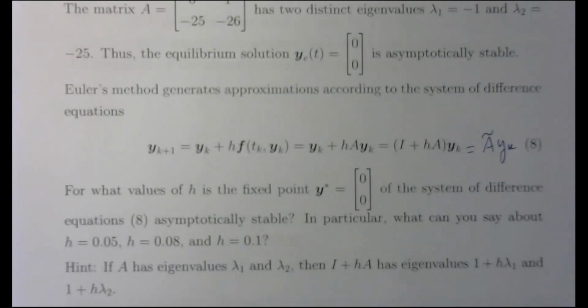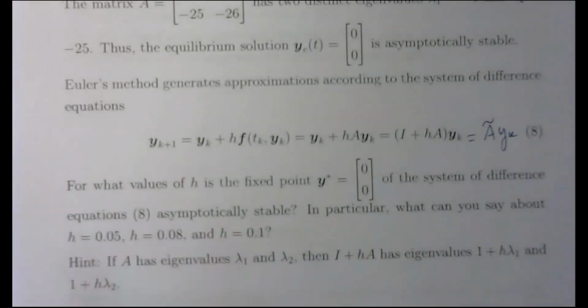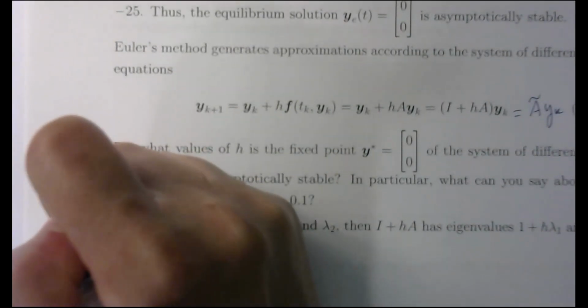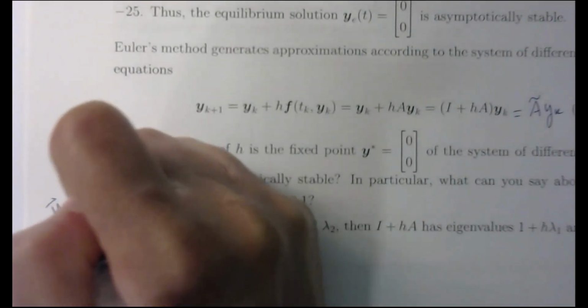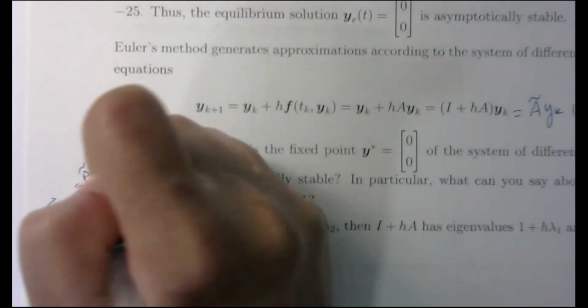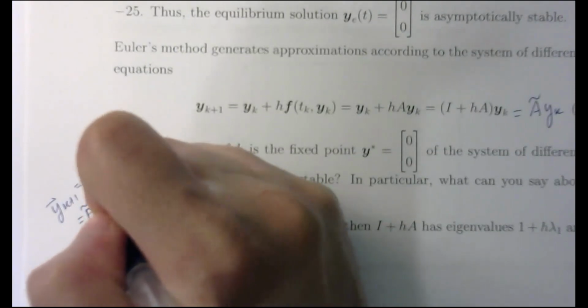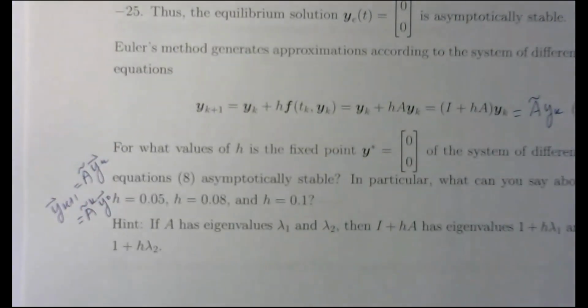How do I know that? Well, if I have a discrete time system, remember, whenever I want to move forward in time, it's like multiplying on the left by another A, right? So I had A tilde y_k, I was really looking for A tilde to the k times y naught.